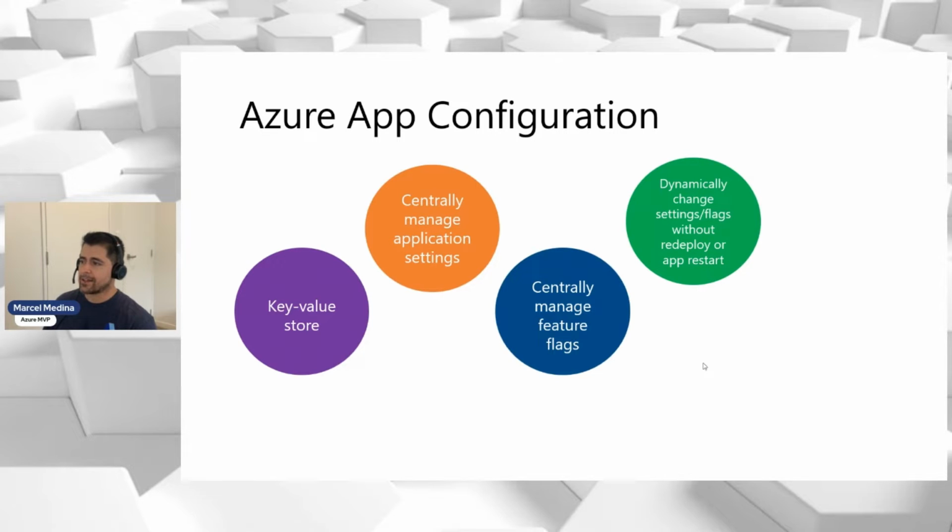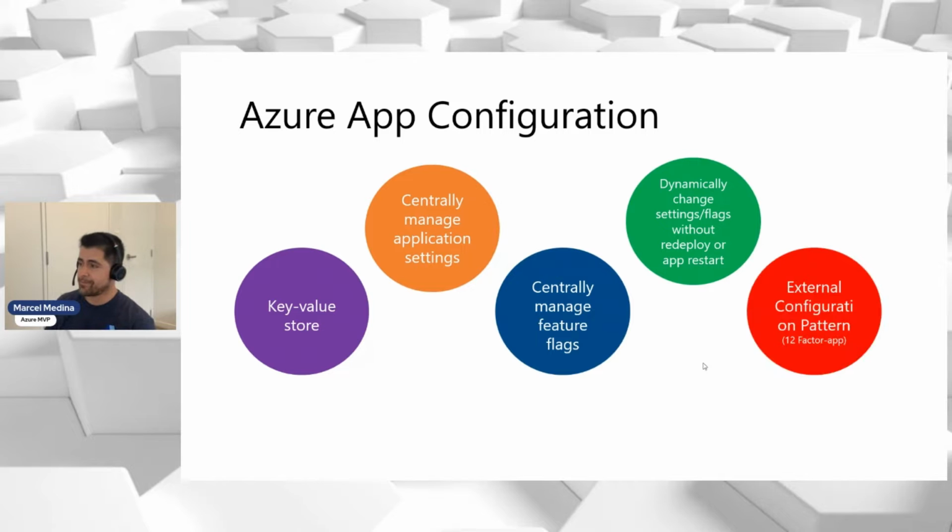And you basically don't need to touch code at all. You don't need to do any redeployment or even an app restart, and things just work on the fly, dynamically. This is also a service that implements the external configuration pattern.